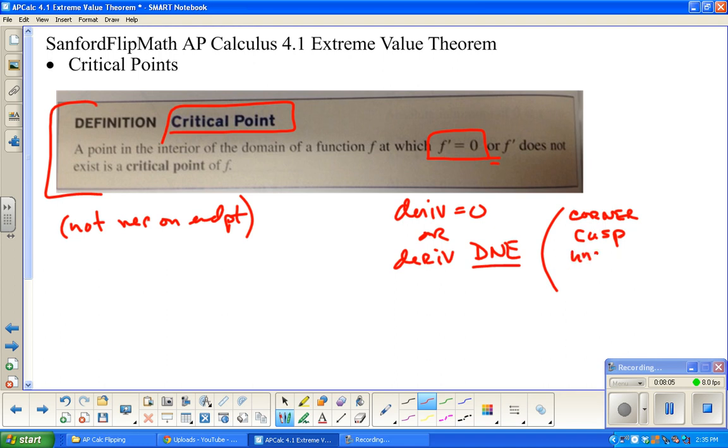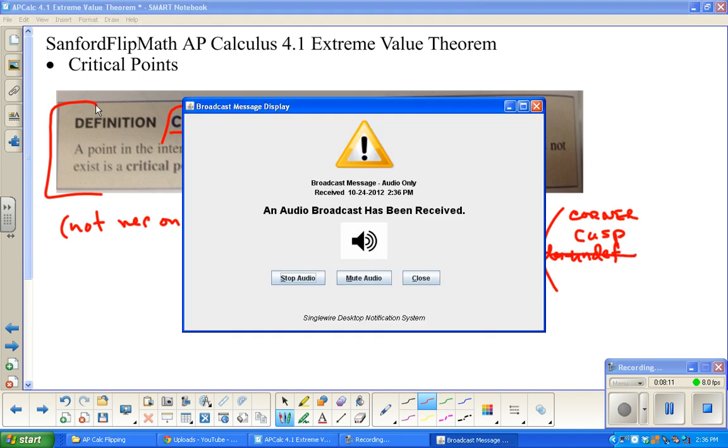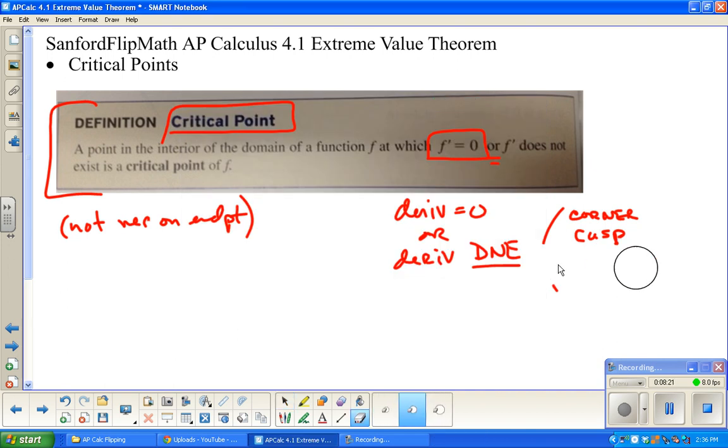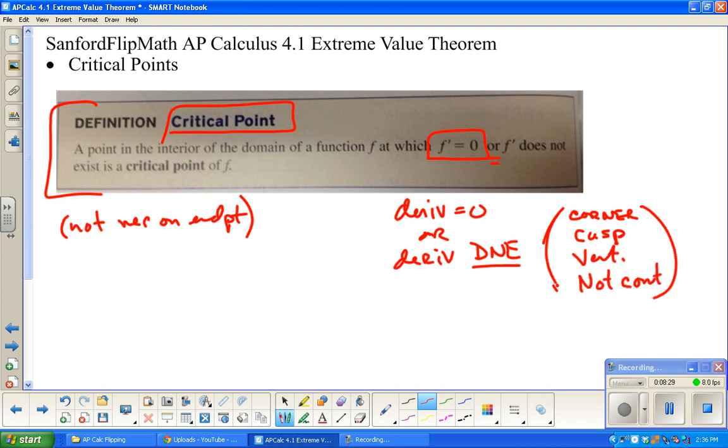Sorry, that's kind of a bad way to say that. Let me back up. Sorry about that. Okay, so if the function goes vertical, or if it's not continuous, those are places where the derivative does not exist.